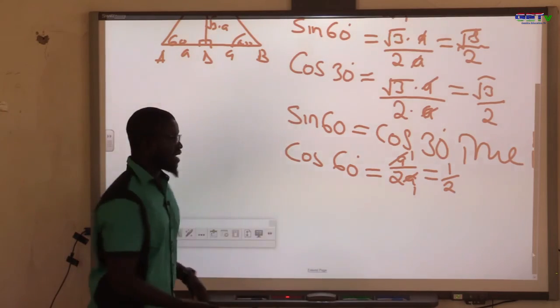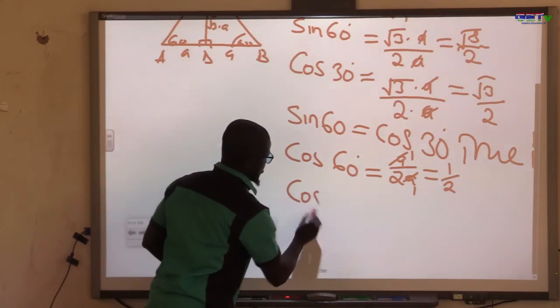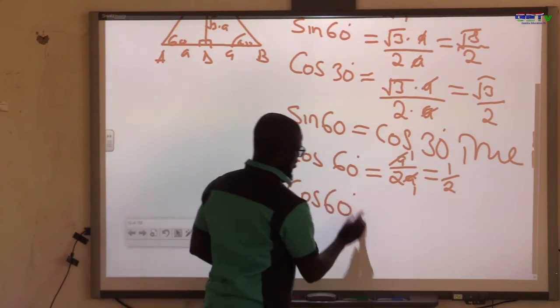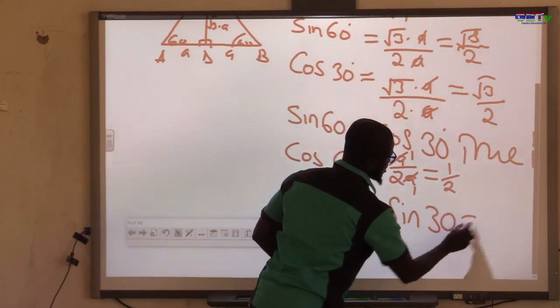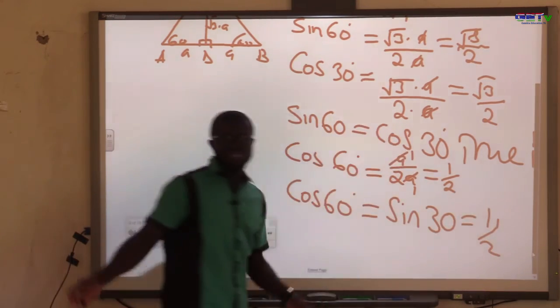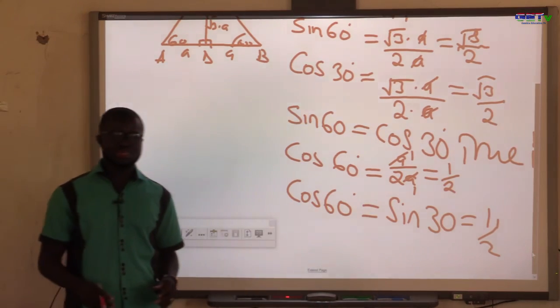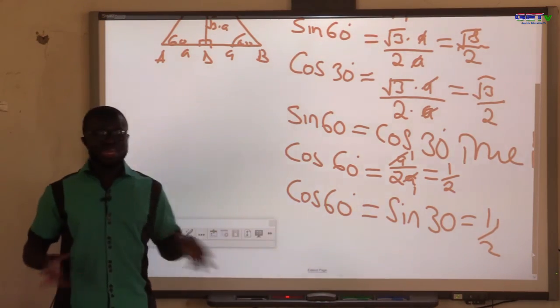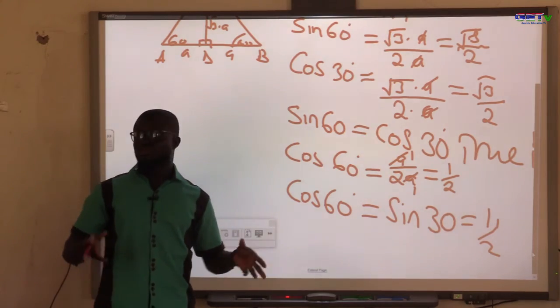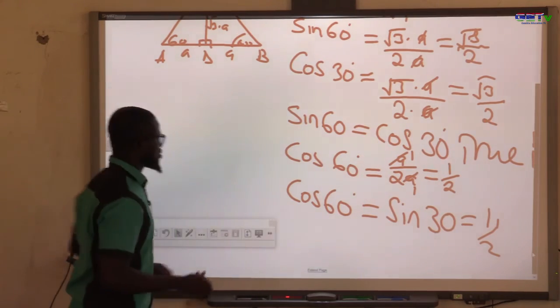We can conclude by saying that cos 60 is equals to sin 30 equals to 1 all over 2, which is also a true statement. So here you can tell that there are some relationships at some point in time when dealing with trigonometric functions.